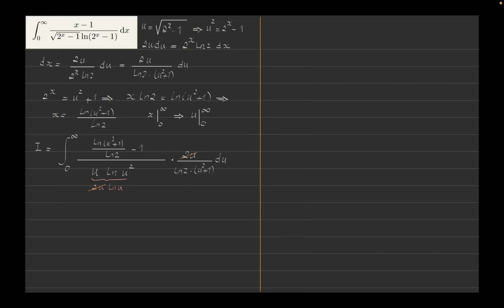So integral I becomes equal to 1 over ln of 2 squared, integral from 0 to infinity, of ln of u squared plus 1 minus ln of 2, all over ln of u multiplied by u squared plus 1 du.